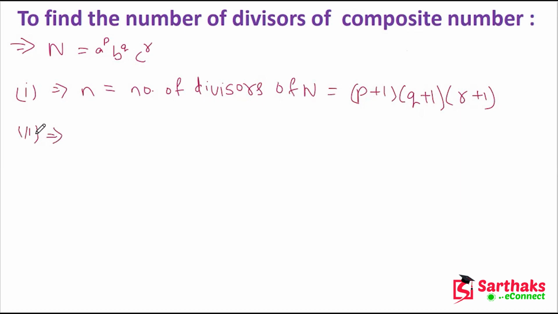If we want the sum of divisors, what is the direct formula?